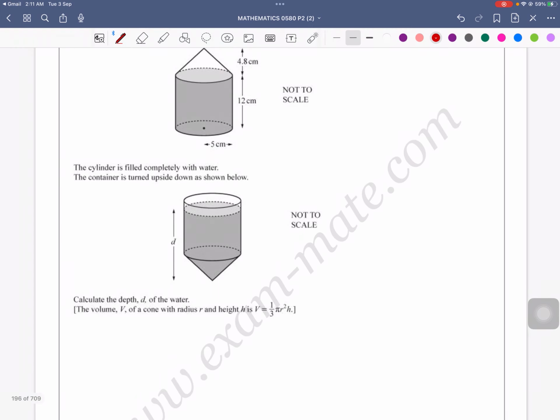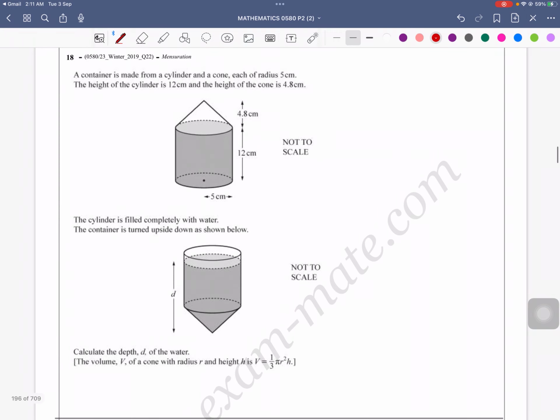They're asking us to calculate the depth of the water, right? They've given us the volume of the cone, right? And the volume of a cylinder is pi r squared h.